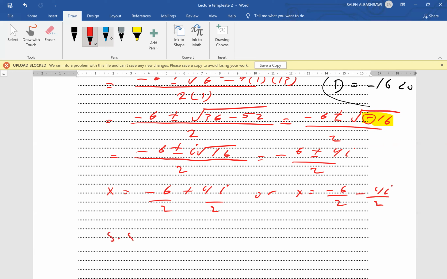So the solution set in this case, minus 6 divided by 2 is minus 3, plus 2i, 4 divided by 2 is equal to 2, or it is minus 3 minus 2i. So you can see that we have two complex solutions because the discriminant is less than 0. It is a negative number. Let's have another one.